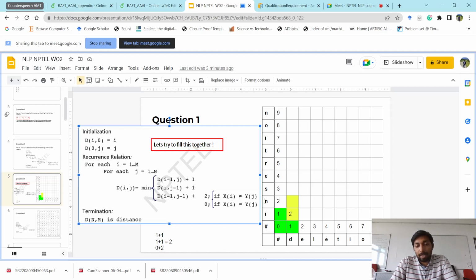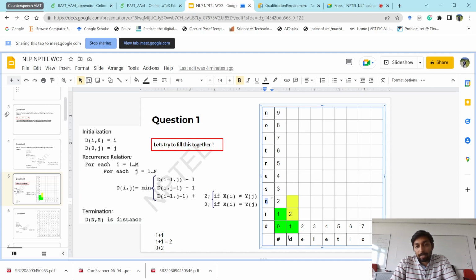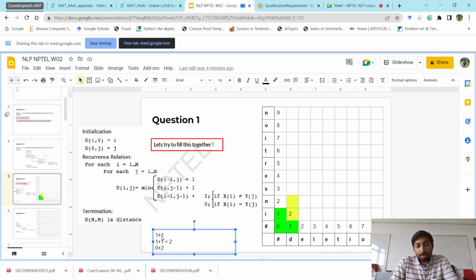So x i is, let's say, d and y j is n. So they are not same. So here we have 1 and here we have 2 because it is not same. If it is same, then we have to take 0. So here the minimum value becomes 3.